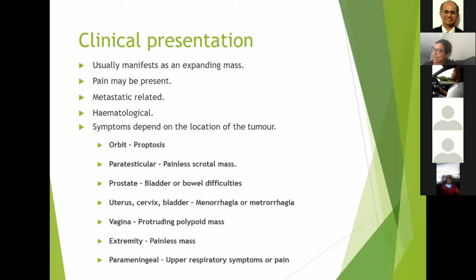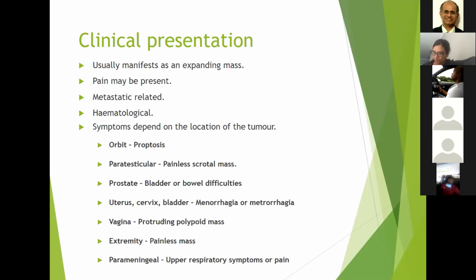They can present with a lesion on chest X-ray, or sometimes it can be picked up hematologically when they've had bone marrow spread as well. But most of the symptoms depend on the location of the tumor itself.